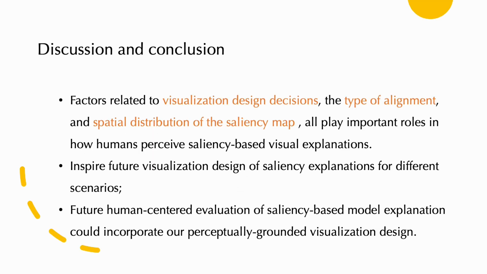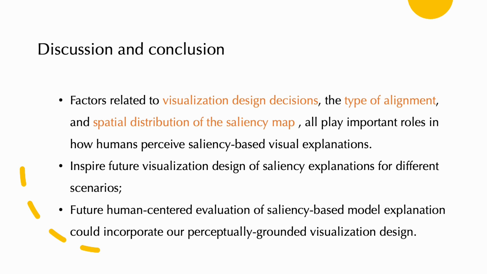In this work, we studied how visualization design impacts human graphical perception of saliency-based model explanations. Our findings show that factors related to visualization design decisions, the type of alignment, and the spatial distribution of the saliency map all play important roles in how humans perceive saliency-based visual explanations. For visualization designers, our findings can inspire the future visualization design of saliency explanations for different scenarios.